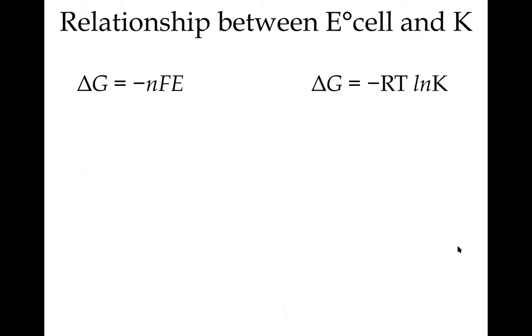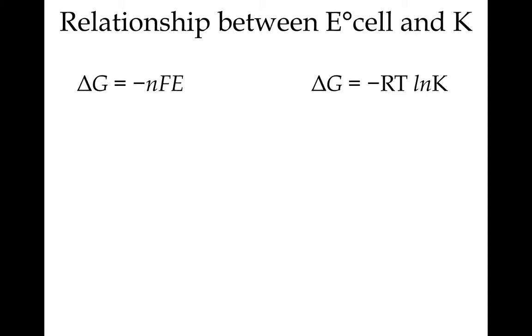What is now the relationship between cell potential, standard cell potential, and equilibrium constant? Well, we've just said that delta G is equal to negative moles of electrons times Faraday's constant times essentially the standard cell potential.